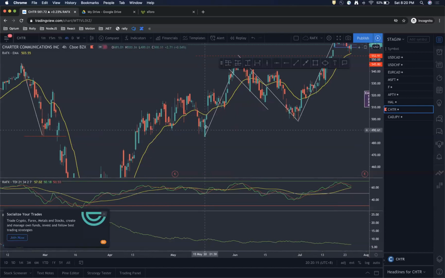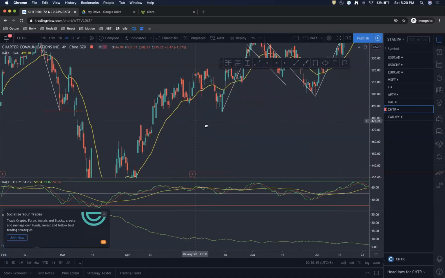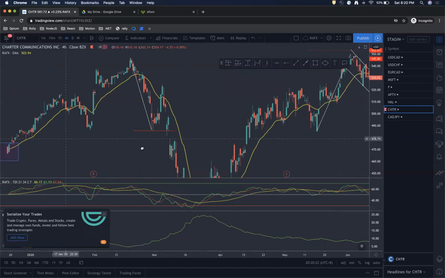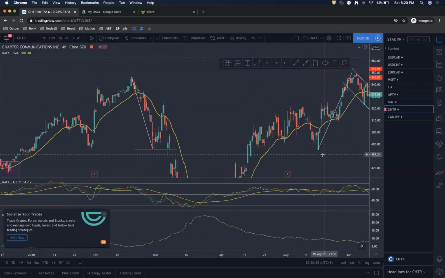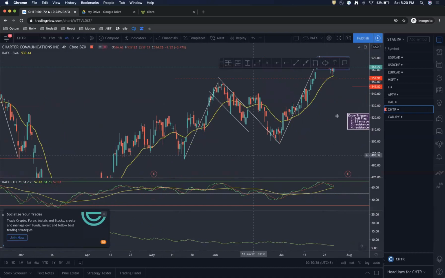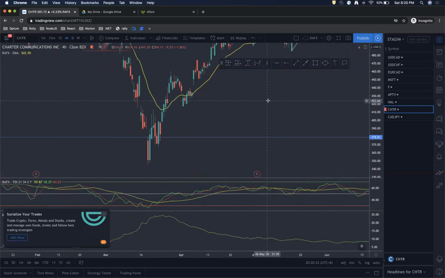Nag-down siya pero nag-close siya as green. Okay? Sa bearish price rejection naman, let me find. Usually mas maganda kasi yung may wick. So this one is a bullish price rejection.